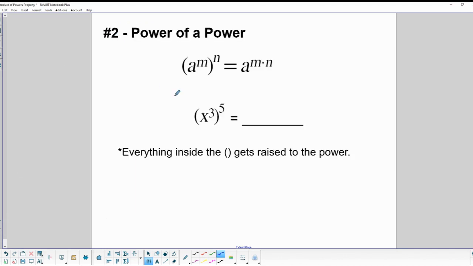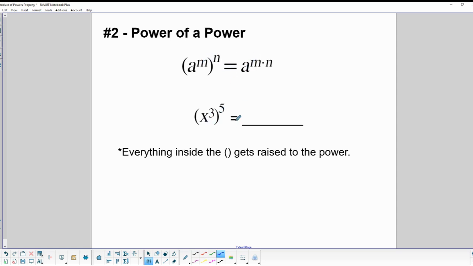Okay, there's one more that's similar to it. What if I have an actual exponent, but I put parentheses around it and I raise it to another exponent? That looks kind of complicated, but that's also pretty easy when you get right down to it. All you have to do in this case is multiply these two exponents together. So you'd end up with a to the m times n.